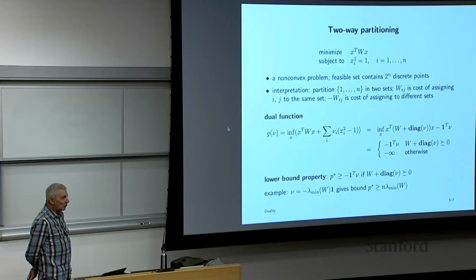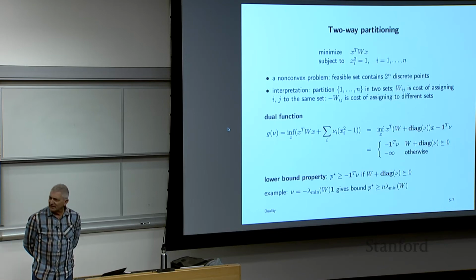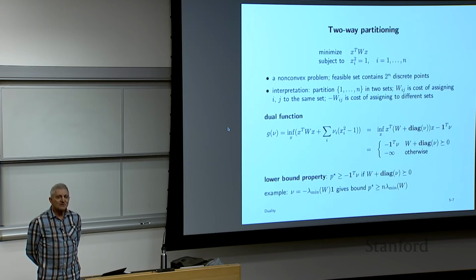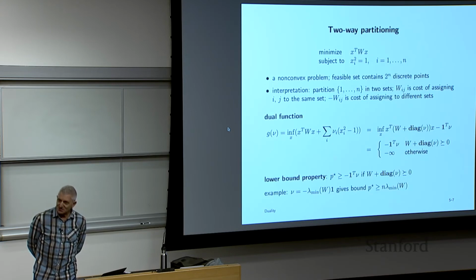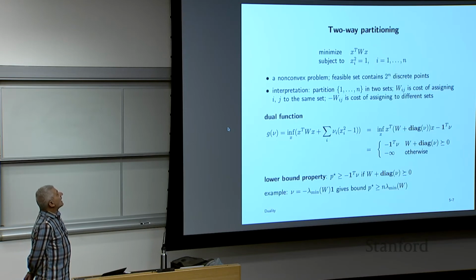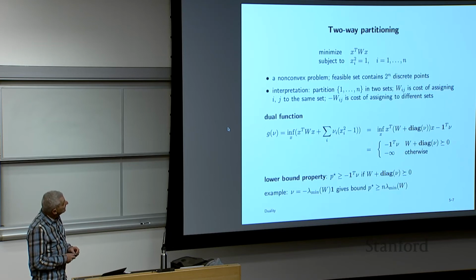Now it's about to get even more interesting, because we're going to look at a problem. Well, it'll come up again. So this is the two-way partitioning problem. I have a set of n objects, and I want to partition them into two groups.